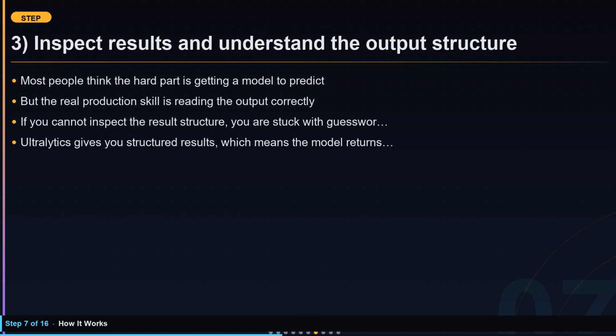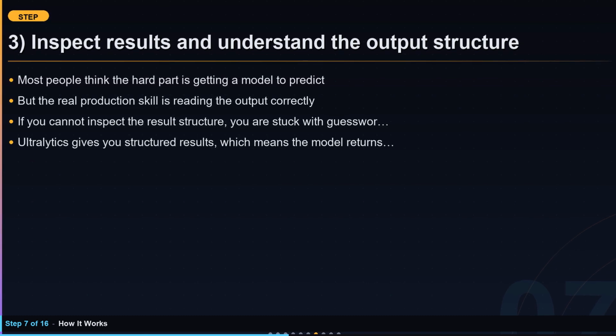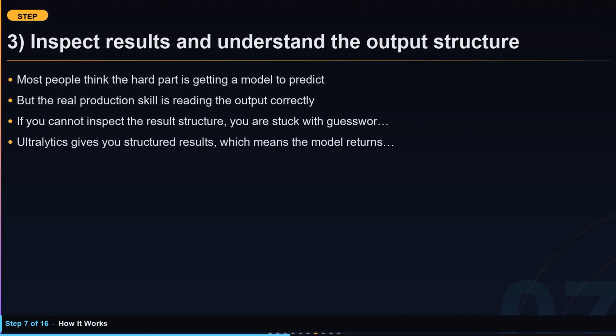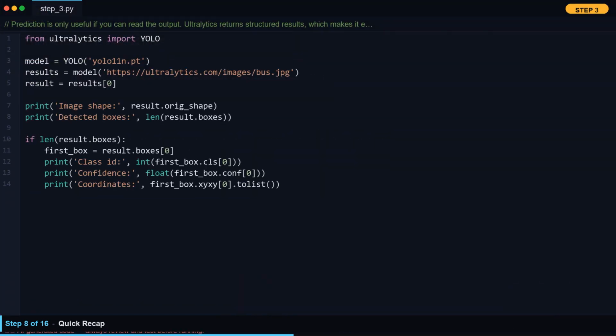You can count objects, ignore low-confidence hits, or trigger alerts without fragile image scraping. A common mistake is assuming every task returns the same kind of output. It does not. Different model heads, meaning the task-specific output layers, produce different result shapes, so you need to match the parser to the task.